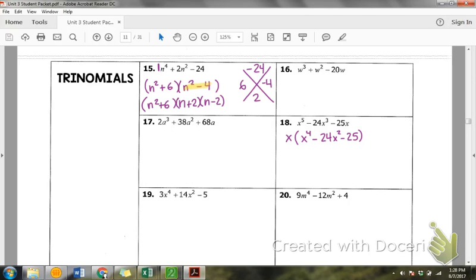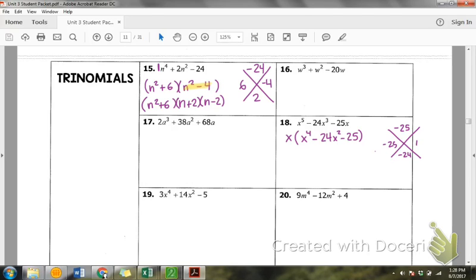So now it looks like a problem like number 15, where I'm going to have to x factor. So what two numbers multiply to get negative 25 and add to get negative 24? Negative 25 and a positive 1. Now, are you allowed to take the shortcut? You can, right?